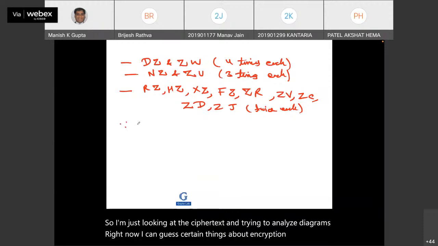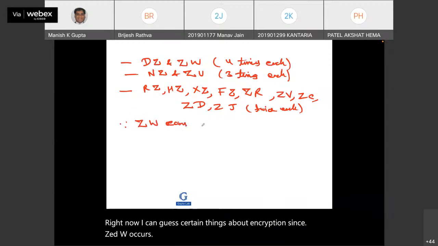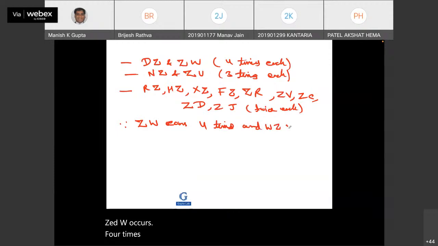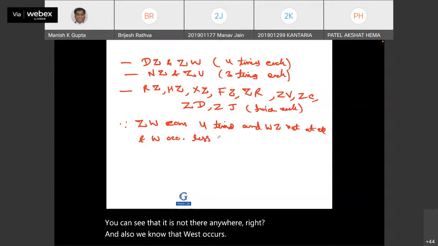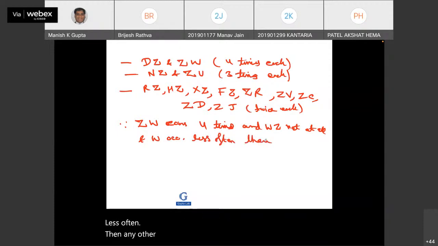Since ZW occurs 4 times and WZ not at all, you can see that WZ is not there anywhere. And also we know that W occurs less often than any other character.